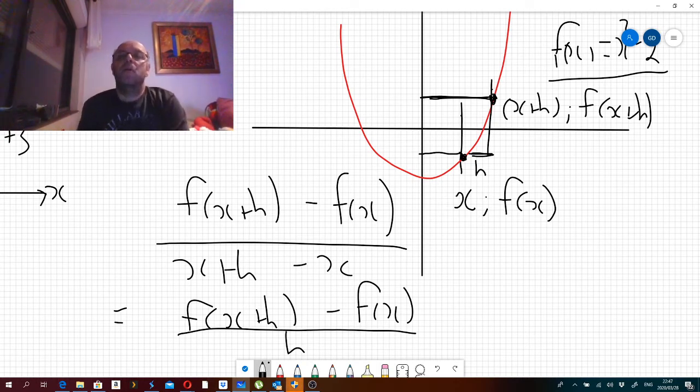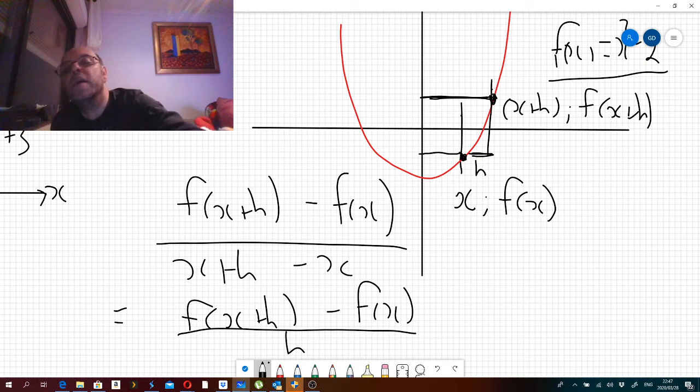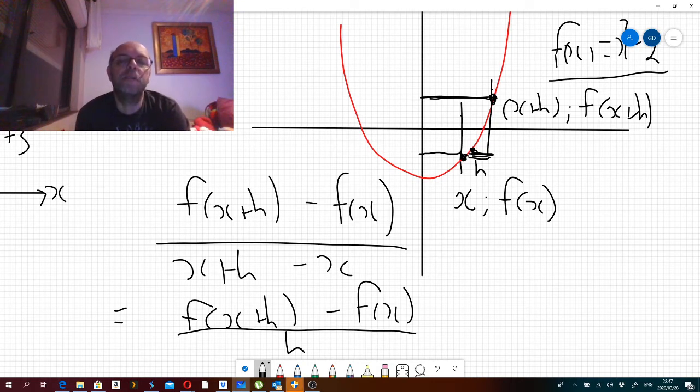Now, we might say that gives us the average gradient. But what if we made h very small? In other words, we got closer and closer to this point x, but we didn't just get there. And again, how small is small? Well, we can make it infinitesimally small.